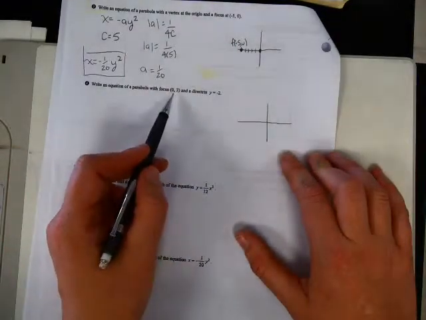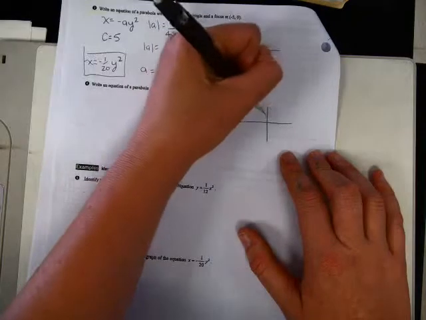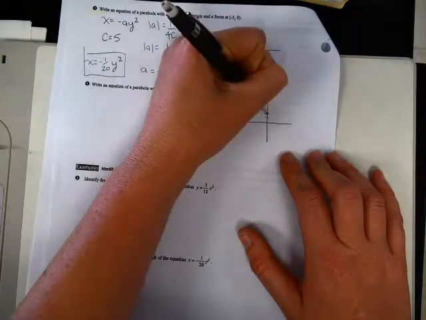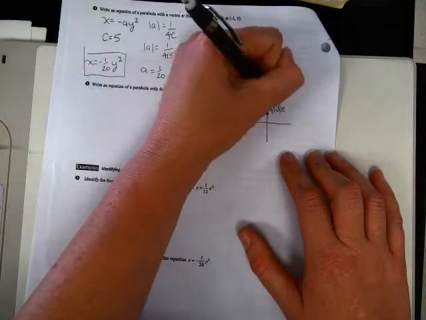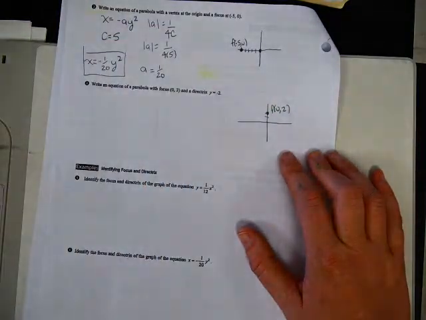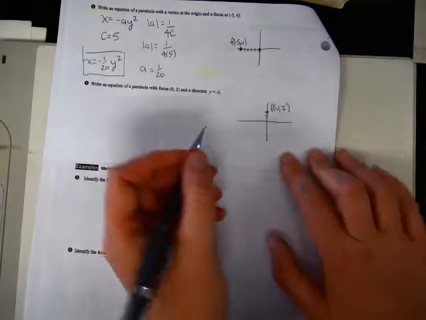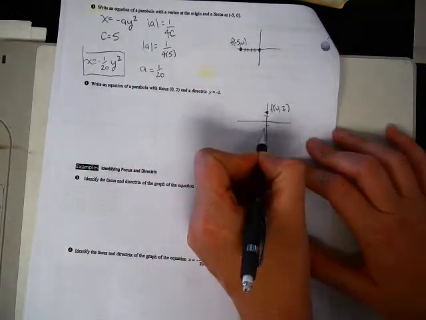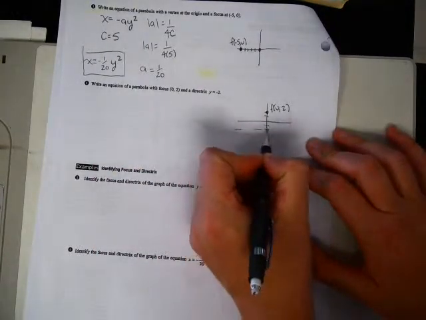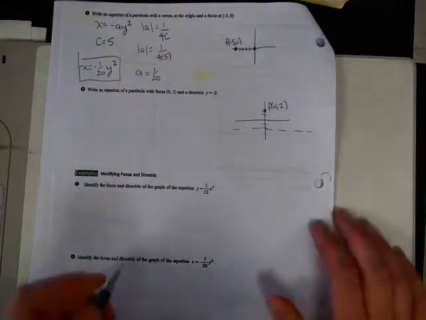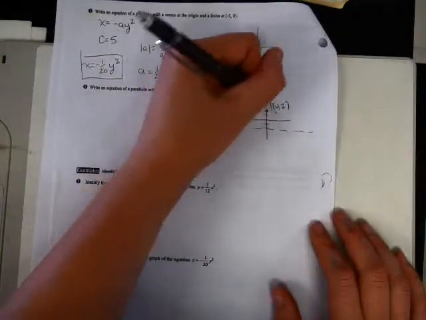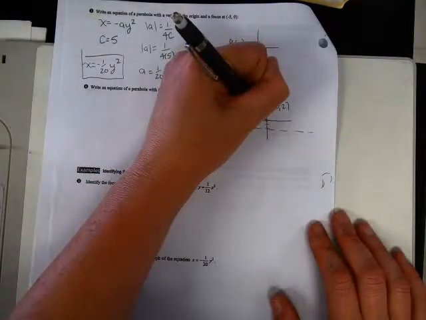My focus is at (0, 2), F, and my directrix is at y = -2. And my vertex is right in the middle at the origin.